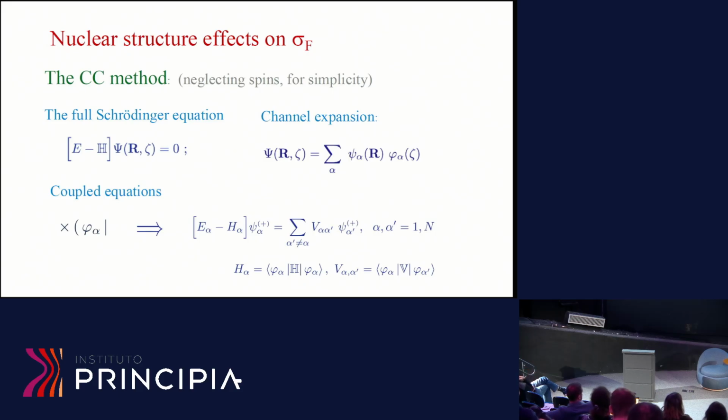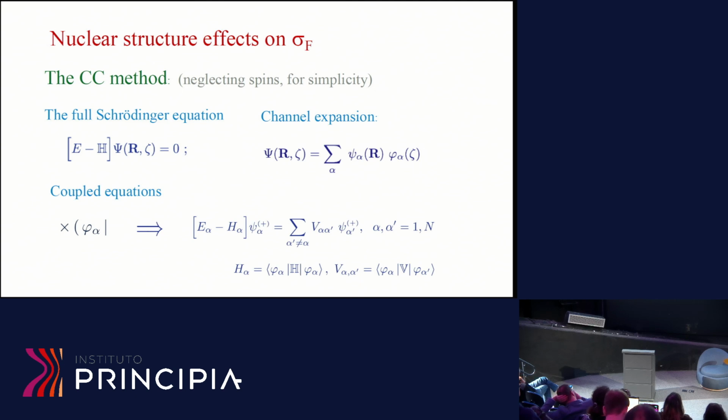And then what one usually does is to apply the coupled channel method, where the total wave function satisfies this Schrödinger equation with a potential that contains the kinetic energy of the relative motion, some intrinsic Hamiltonian expressed in terms of a few intrinsic degrees of freedom, usually collective excitation, and with some coupling interaction.